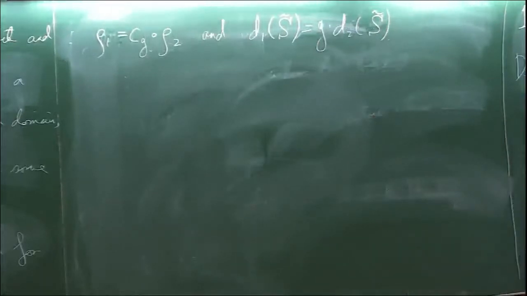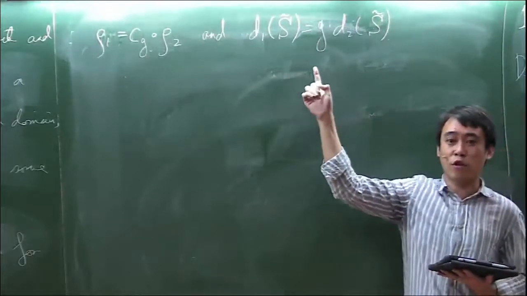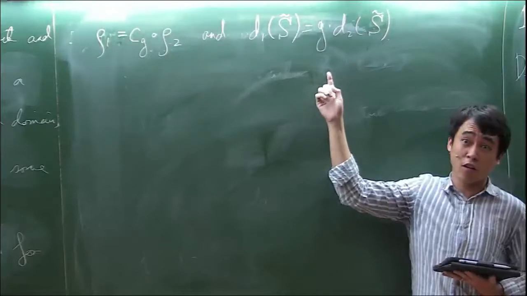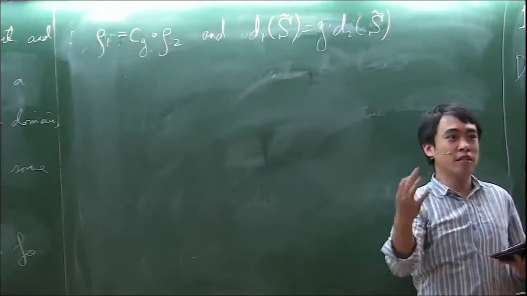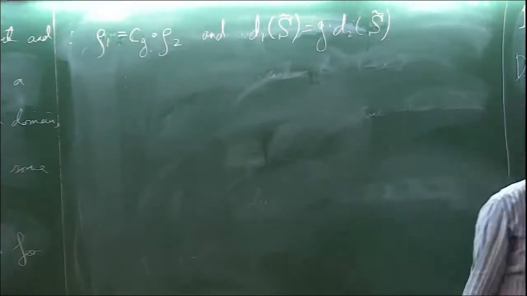Here I'm using something special about convex projective structures, namely that the developing map is injective. For example, for CP1 structures, this is not true. You cannot say what the developing map is just from its image.